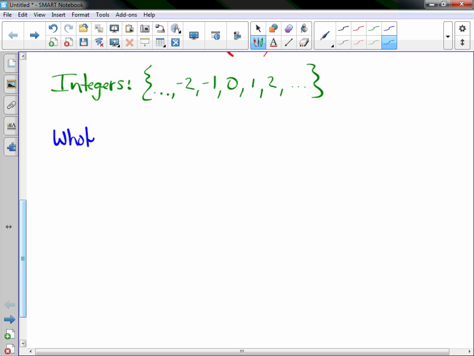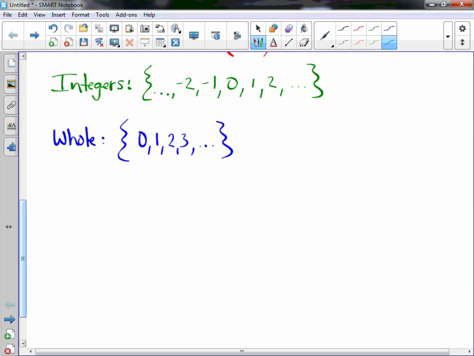We'll also describe this one with a mathematical set. This one starts at 0. So whole numbers are numbers 0 through infinity, going up by 1 each time. So 0, 1, 2, 3, and that pattern continues, hence the ellipsis.